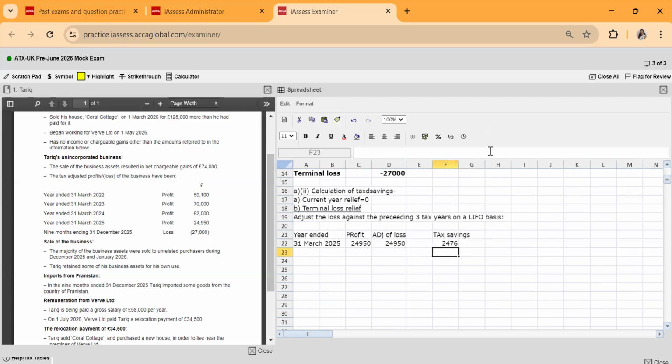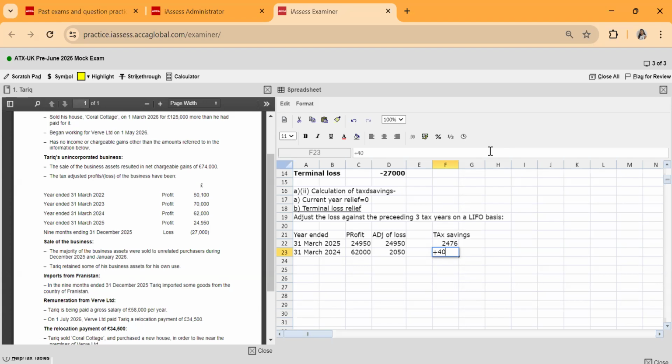The next one would be 31st March 24. Although the profit is 62,000, we don't have that much loss available, so the adjustment of loss will be 27,050 only. What will the tax saving be? The PA is already fully used and he is in the higher rate category.